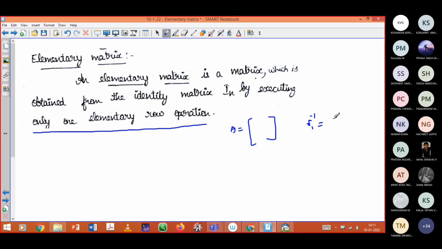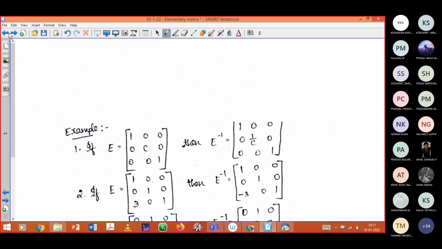Such a derived matrix, obtained by using exactly one elementary row operation, is called an elementary matrix. Definitely you have not understood this definition, I can feel that anyway. So now I will enter into the problem directly so that you can understand the concept in an easier way.